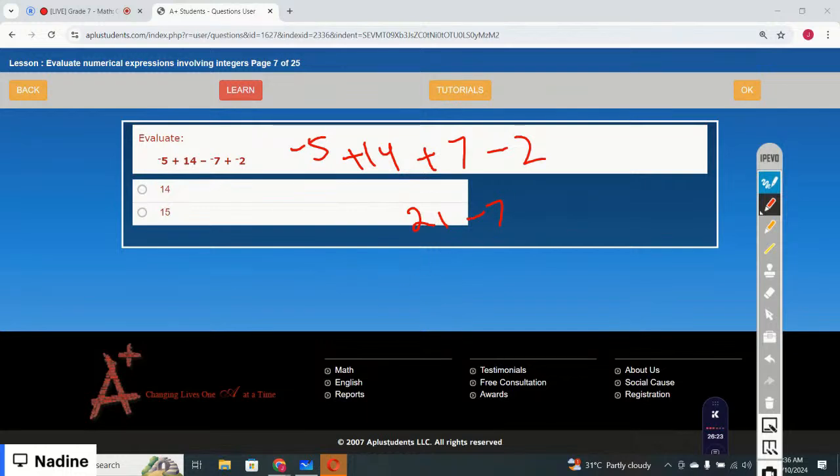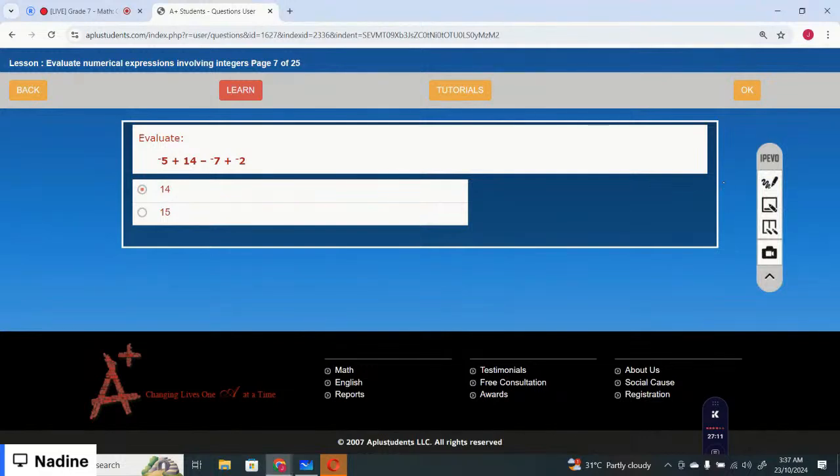So 21 minus 7 is 14. The correct option is option number 1, 14 it is.